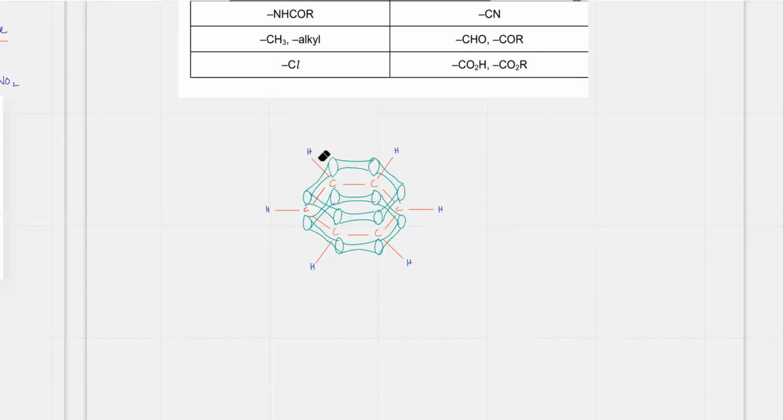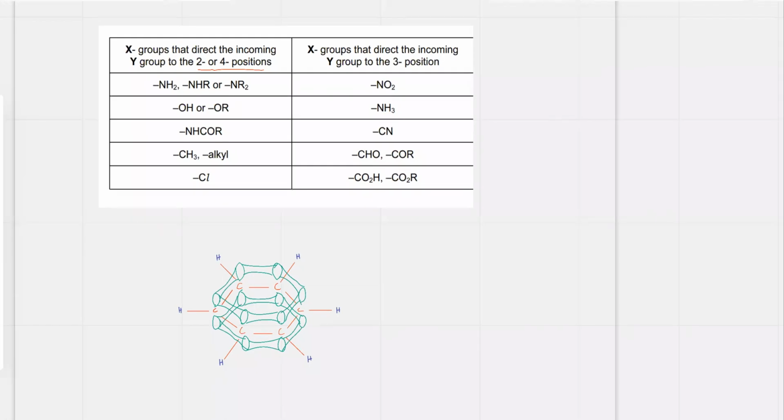It doesn't really matter, it's exactly the same. But what happens if you've got an amine, or an OH, or a carbon chain, or a Cl? So we're going to study these.